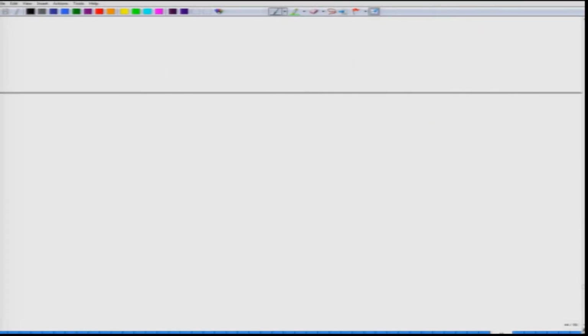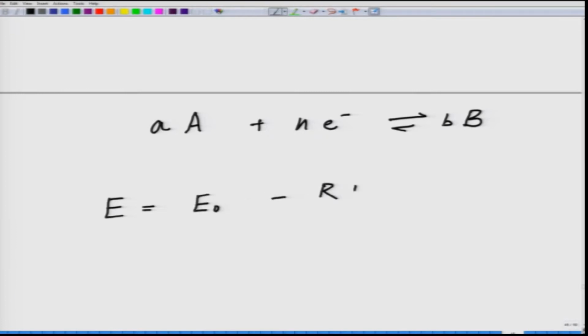The Nernst equation for the reaction that I just showed, say for example, if this is the reaction and if I had to put the Nernst equation in place, it will be E, which is in volt, standard potential E0 minus gas constant, absolute temperature, number of electrons, Faraday's constant, natural log, this is the natural log, and concentration of B, this is concentration of A.